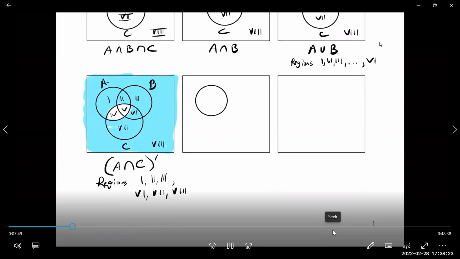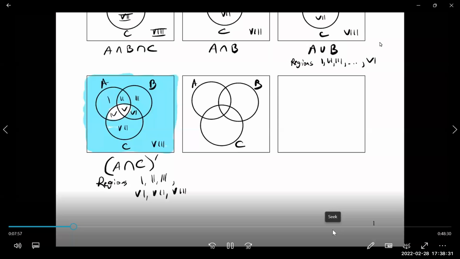All right, let's do another one. So A, B, C. What would be A union B union C? One through 7.